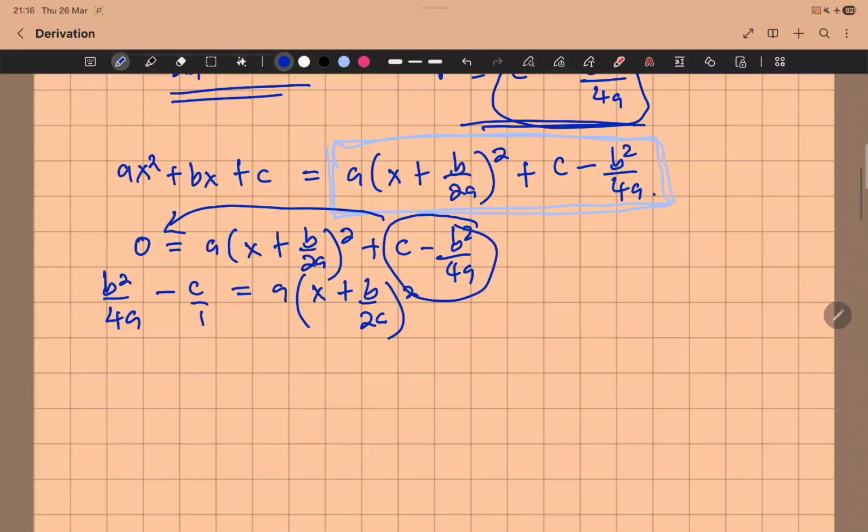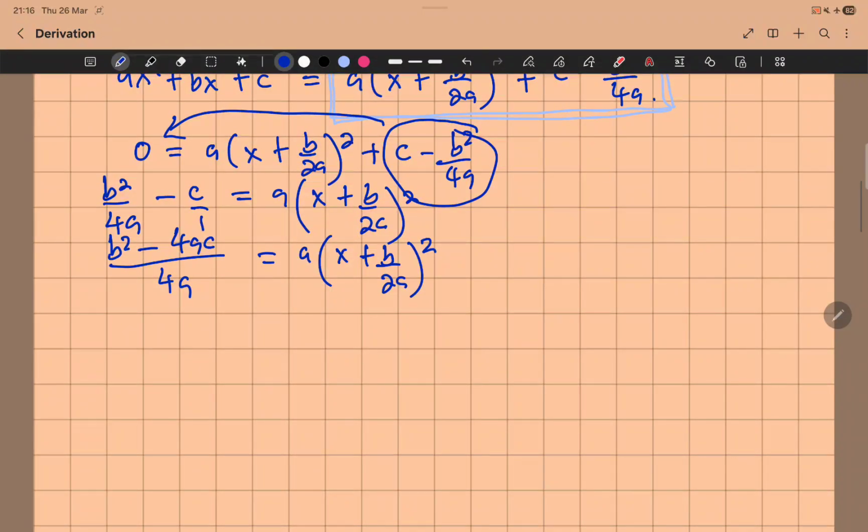So let's unify this under one common denominator: b squared minus 4ac over 4a is equal to a times (x plus b over 2a) squared. Then at this position we want to solve for x, so we divide both sides by a.